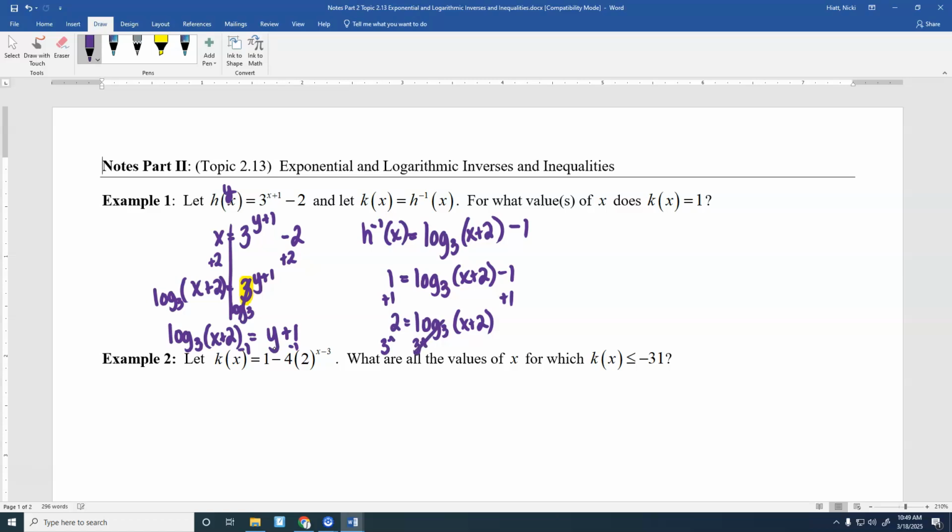Perfect. And that will get rid of our log. So we got 3 squared, which is 9, equals x plus 2. We're almost there. Last step. Very good. 7 equals x.